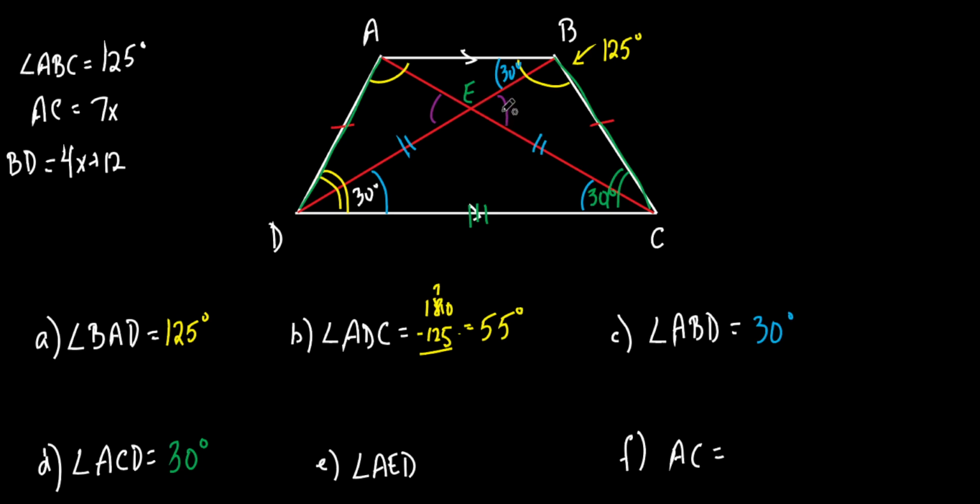You know that they would be equal to each other, correct? So that's what I'm trying to find. I'm trying to find that purple one right there. Well, I know this whole thing is 125, correct? So, and this is 30, so what's that?